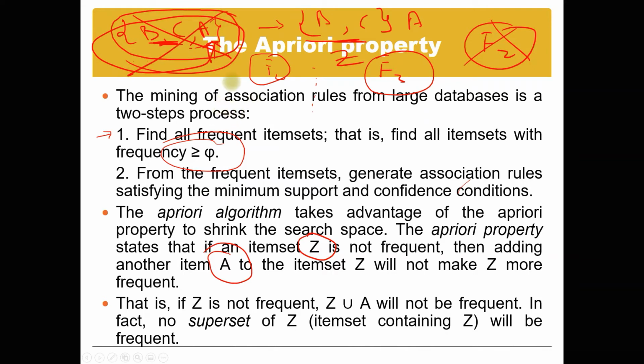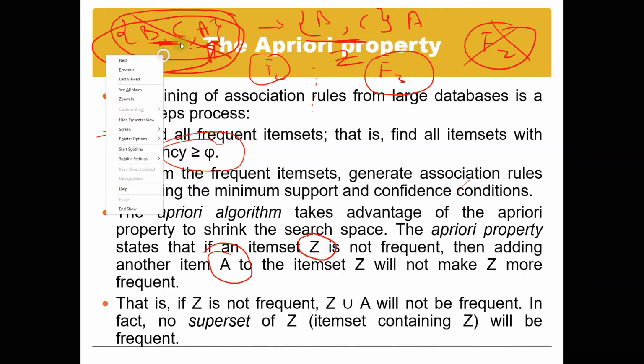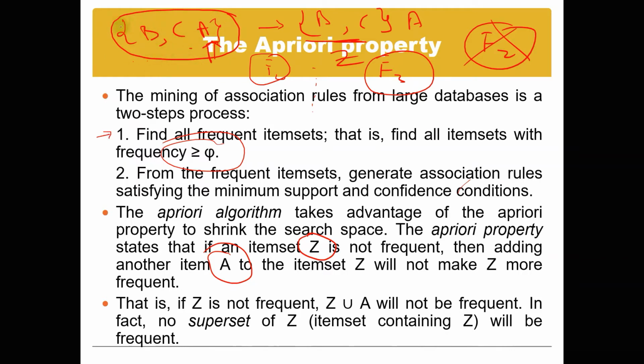So in other words, what is happening here? We are already bypassing this kind of rules. We are not going to consider this in our search space. We are not even going to worry too much about computing the support or confidence or whatever for these. We're just going to disregard them automatically from our analysis to make our search space smaller. So any rules where there are B and C together, where you are going to add something else to it, will not make the new set frequent.